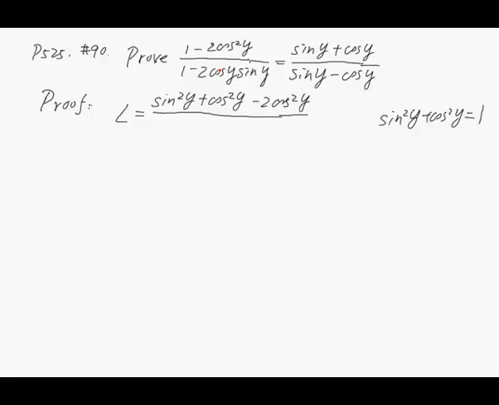And do the same thing for the denominator. Replace this 1 by sine square y plus cosine square y minus 2 times cosine y times sine y.